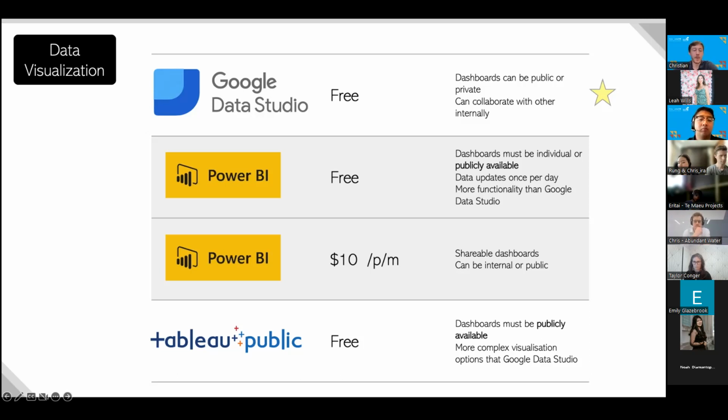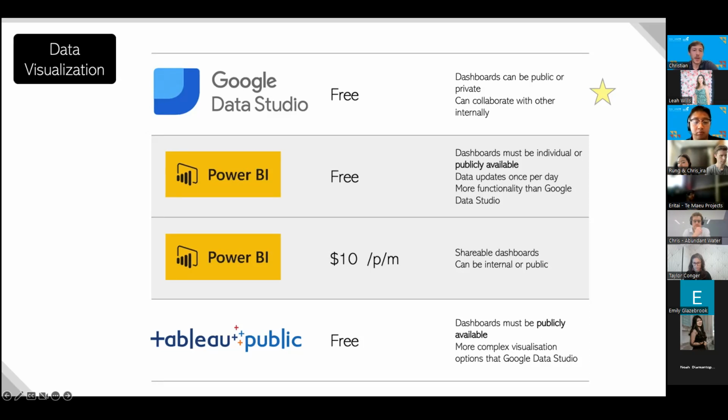The Microsoft option is Microsoft Power BI, and it has more options available. It is more powerful. But the free version is really only intended for individuals, and it makes it difficult to share your dashboards. You can share them if you make them public for anybody to find on the web, which may not be ideal for your internal data. And Tableau is the same.